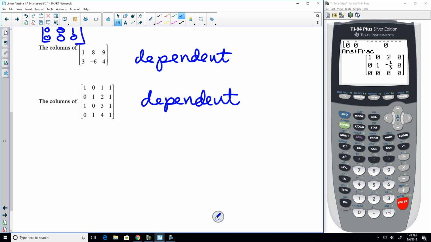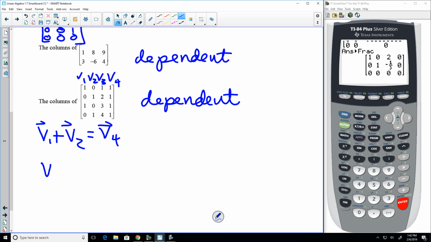So let's call this V1, V2, V3, V4. V1 plus V2, what is that? It's V4, which means I can write V4 as a linear combination of the others. So how do I do that?